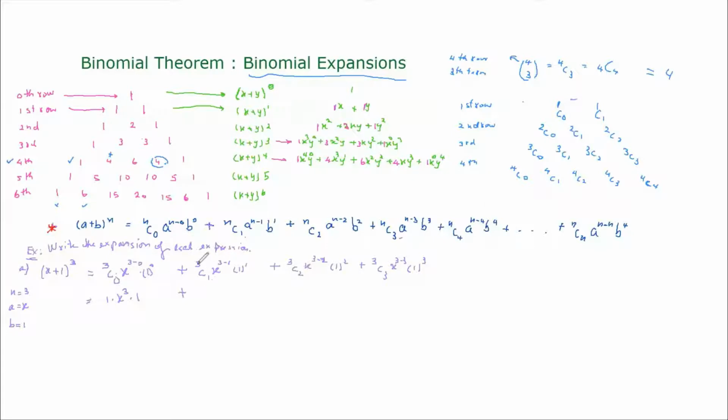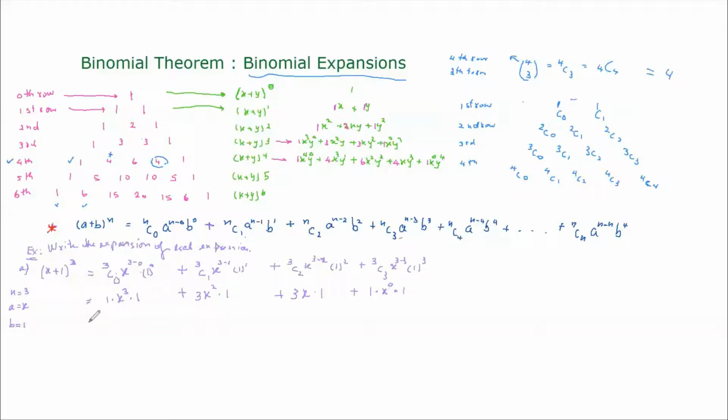Plus 3C1 is 3, use calculator, and x power 3 minus 1, we have x power 2, and 1 power 1, we have 1. Plus 3C2 is 3. So x power 3 minus 2, we have x power 1, 1 power 2, always 1. Plus 3C3 is 1, use calculator, and then x power 3 minus 3, x power 0, 1 power 3 is 1.